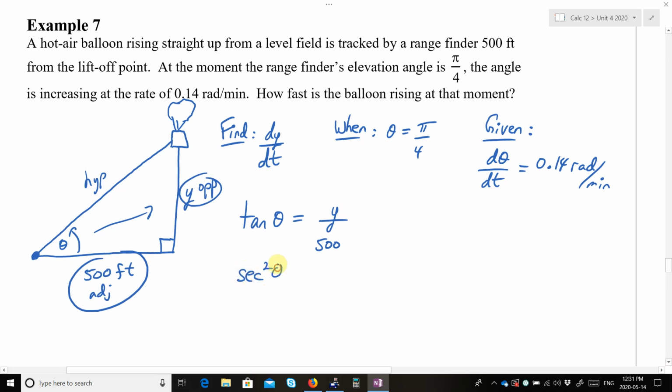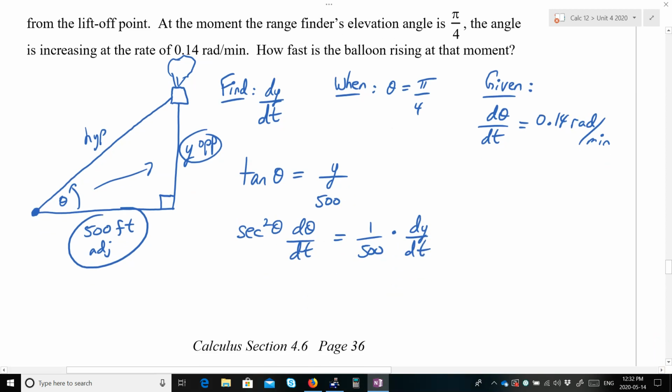Derivative of tan theta is secant squared theta d theta/dt equals, the derivative of y is 1, so 1 over 500 times dy/dt, and we want to get dy/dt by itself, so we would multiply both sides by 500, so we would have 500 secant squared.